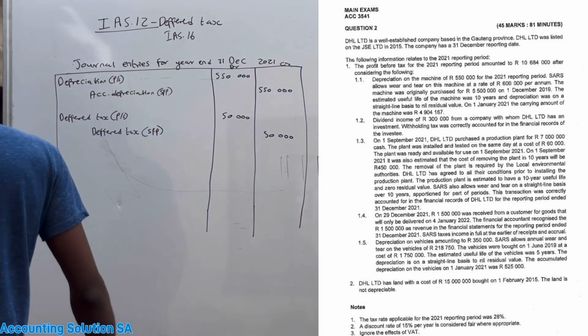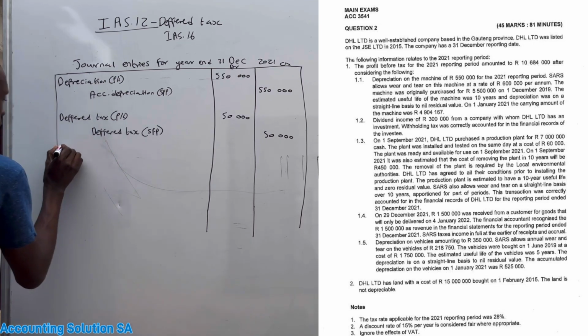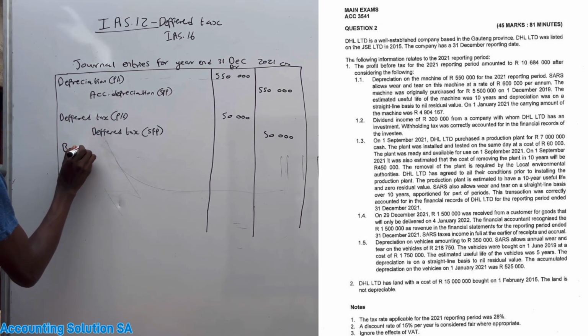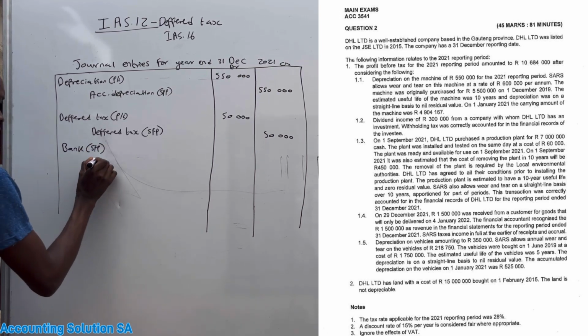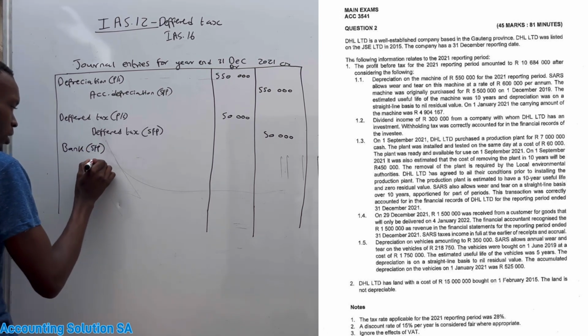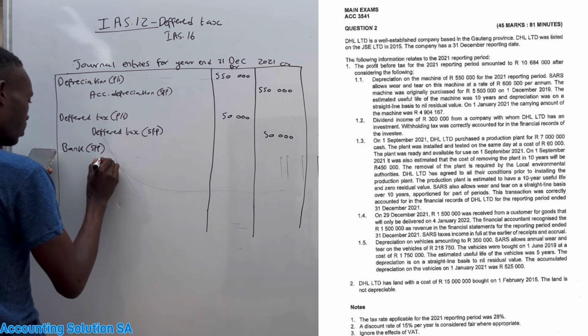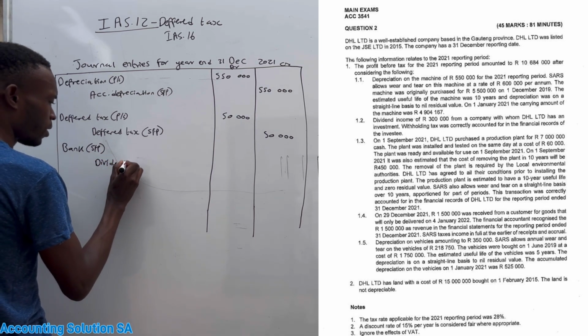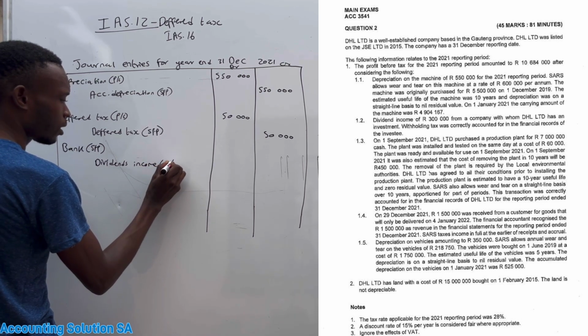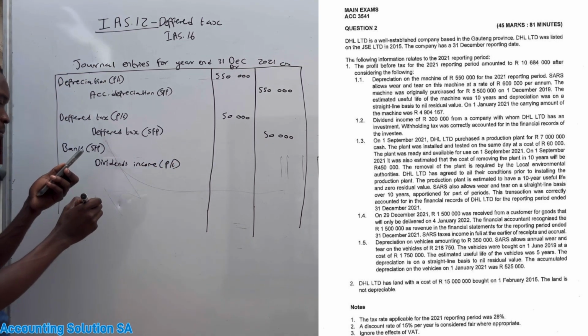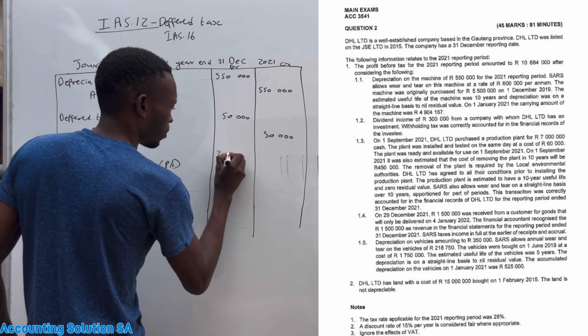We receive dividends, so our bank is debited. Dividends is income, so we have to credit dividend income. This is other income under P and L, and the amount is 300,000.